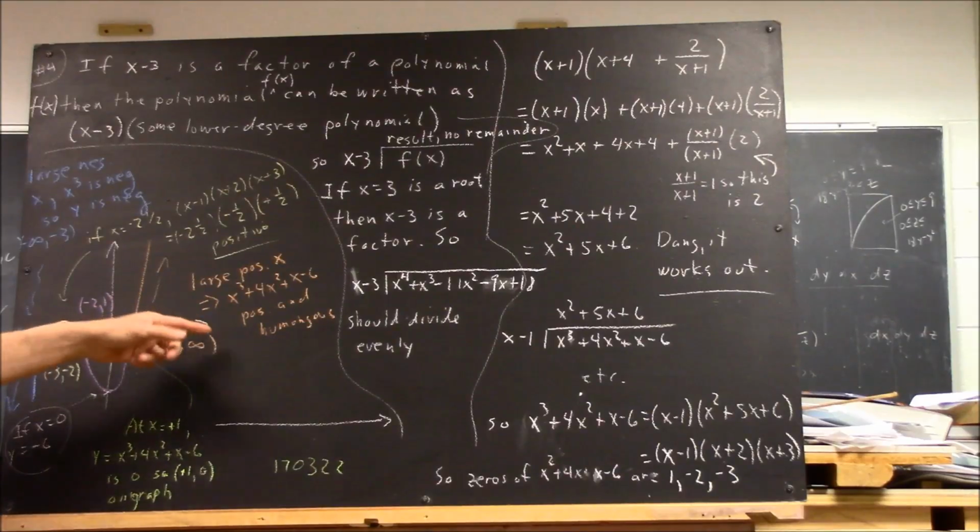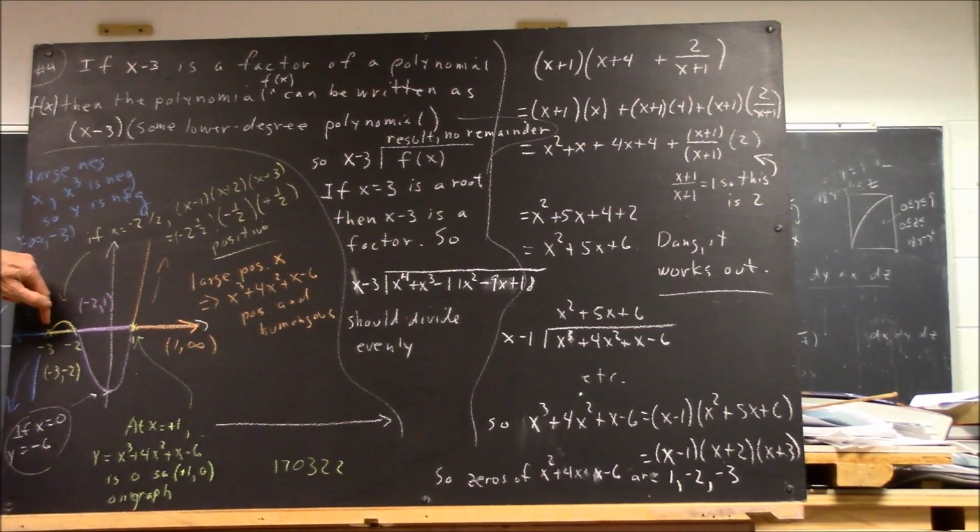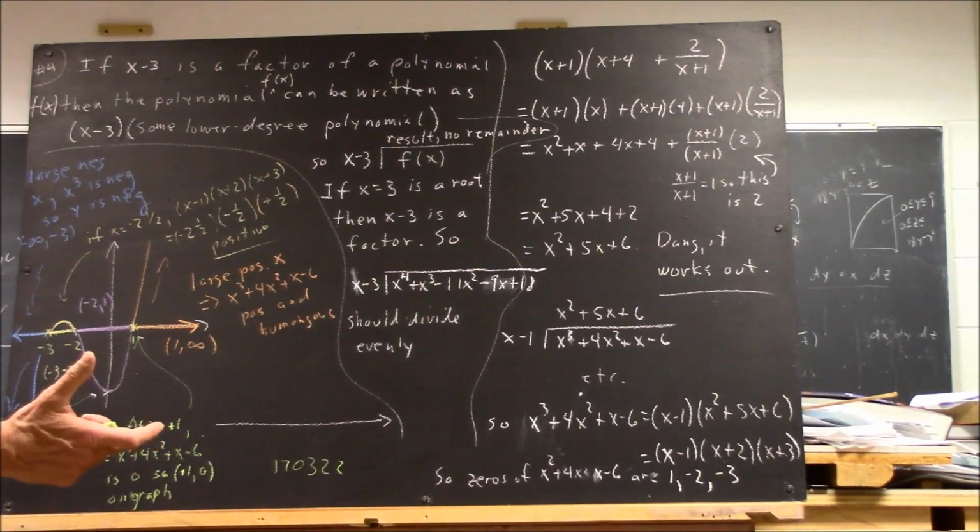On each of these intervals, there is no place where the function is 0, because the only place it's 0 is at the 3 zeros. So between here and here, the function never changes from positive to negative because it doesn't have any zeros. So the function from here to here is always of the same sign.